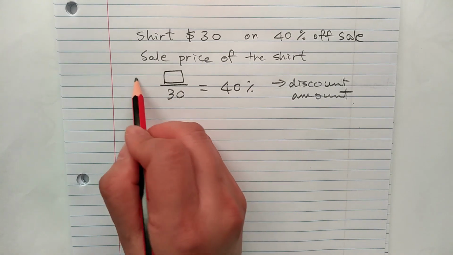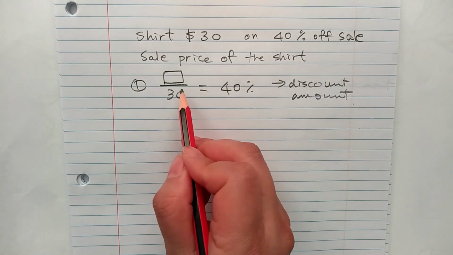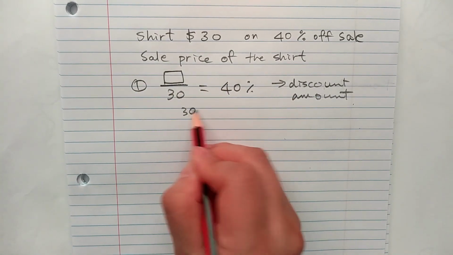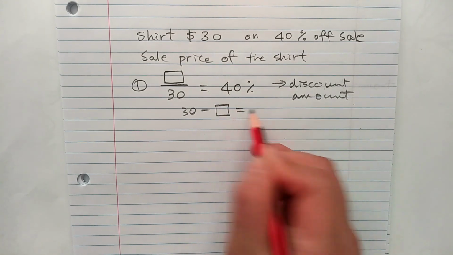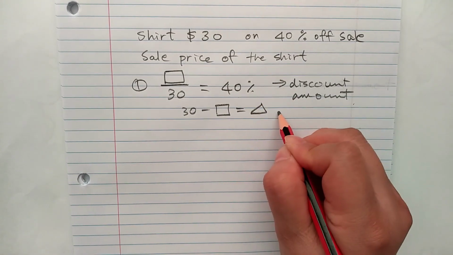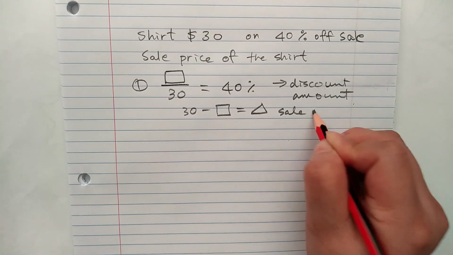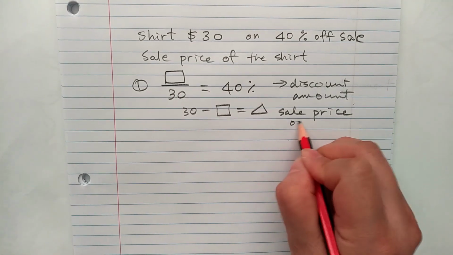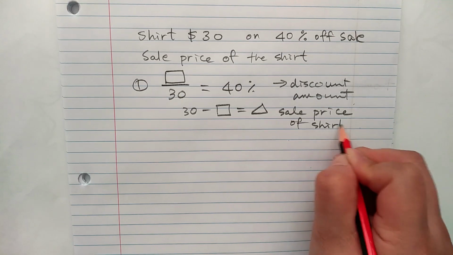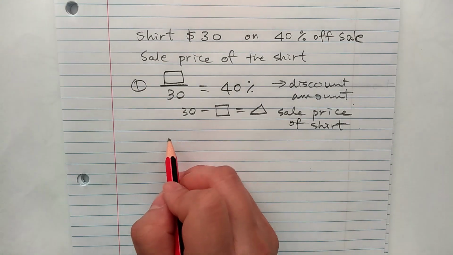And this is one way to solve it. You solve this amount and 30 minus this amount, you get the sale price of the shirt. We'll try this first.